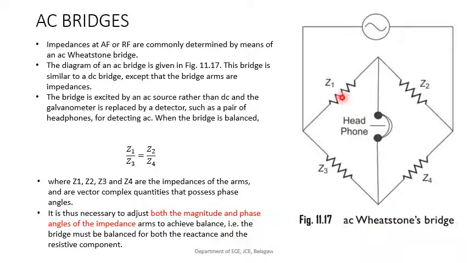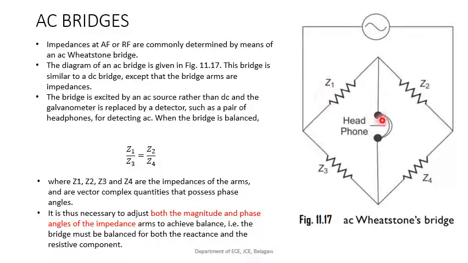Now here you can see instead of resistance R, it is replaced by Z. Z indicates impedance, and it will have both magnitude as well as phase, or you can say it will have a real part as well as an imaginary part.